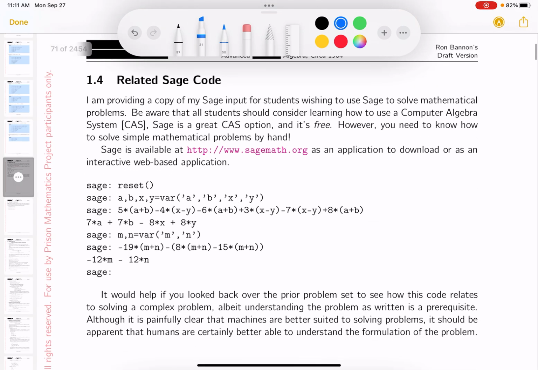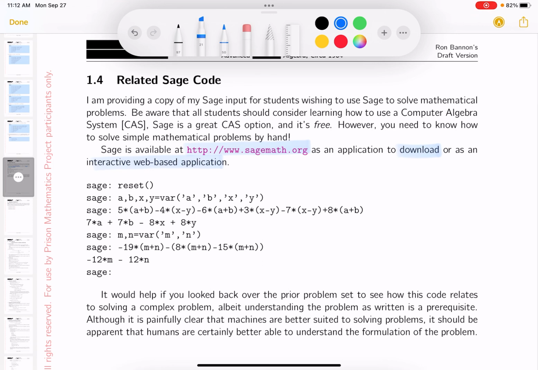Just a brief thing about the Sage code. If you do have access to the internet, I would recommend you go to this website over here. If you have a computer, I would recommend either downloading it or using the interactive web-based application and playing around with the software. You should learn how to use software. But more importantly, you should learn what Wells is presenting. Wells did not have access to a digital computer, but you may.